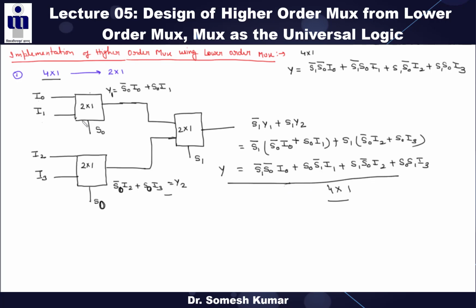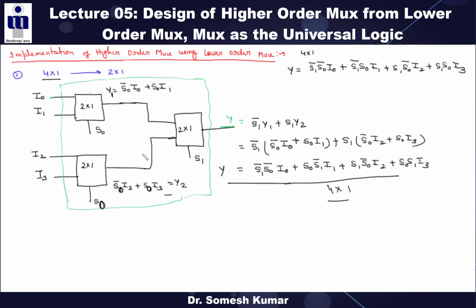Now it is clear: if we take this as a black box, meaning inside it consists of 2:1 mux, it has 4 inputs and 1 output, so this acts as a 4:1 mux.